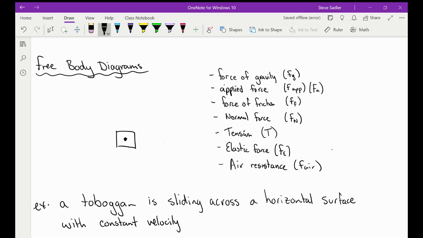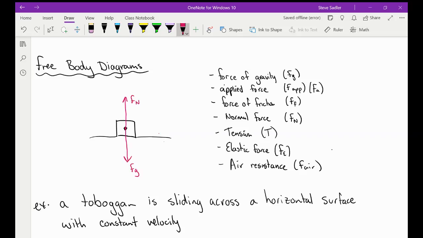So what we do is we draw these forces onto this free body diagram in the direction that they're acting. There's no context here, but we know gravity always acts downwards. So you could say, here is the force of gravity. And for example, let's say this mass is sitting on a table. So we are going to have a normal force acting on that.